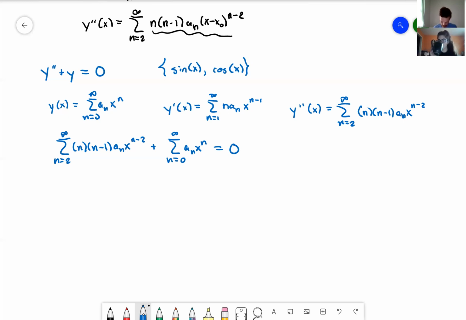And I want to have the same starting point. It doesn't necessarily have to be 0, but as long as we start at the same point, we can have some additional terms out to the right or to the left, and we can match up coefficients. So that's what I'm going to do.